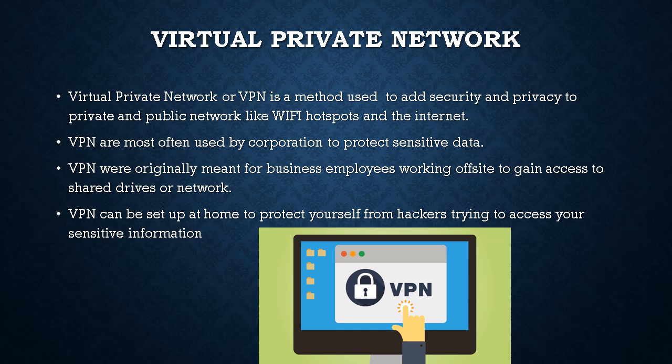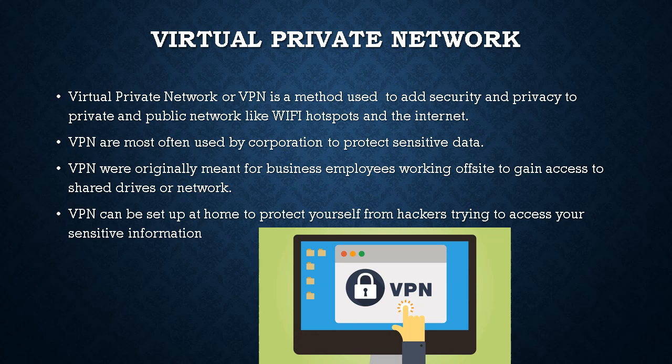Now these VPNs are mostly used by corporations to protect sensitive data. For example, big companies, when they browse a website or transact data, use a virtual private network so that their personal information will not get revealed or leaked. VPNs were originally meant for business employees working offsite to gain access to shared drives or networks. Just as an example, say you have Google Photos on your mobile phone.